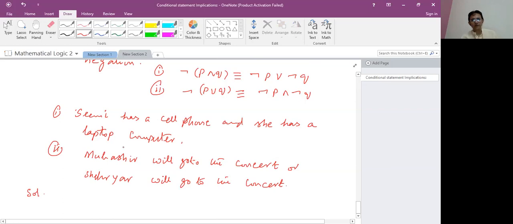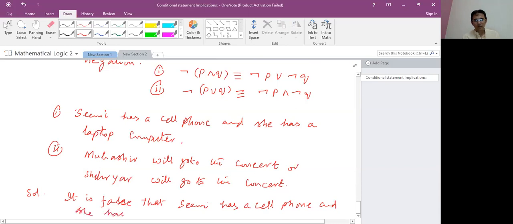When we consider the left hand side, it means: it is false that Simi has a cell phone and she has a laptop computer.